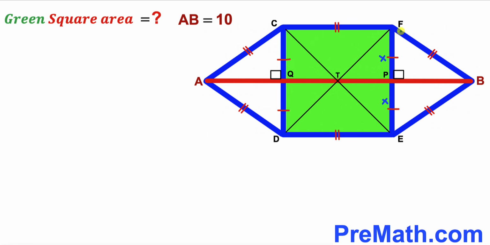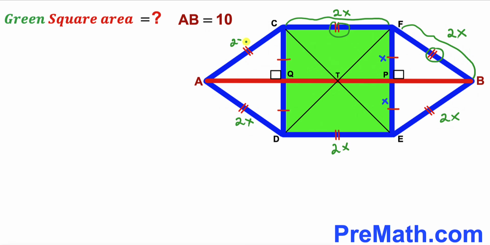So the whole side length of this green square is x plus x, which gives us 2x. Since the side lengths of a square are equal, every side is 2x, 2x and 2x across the board.